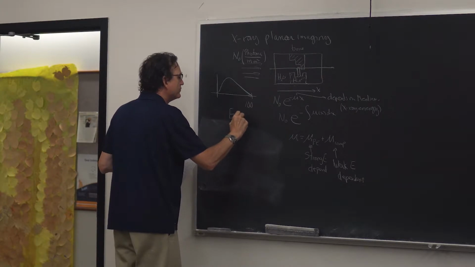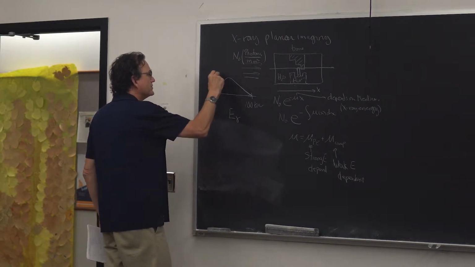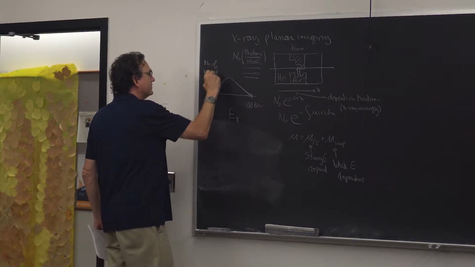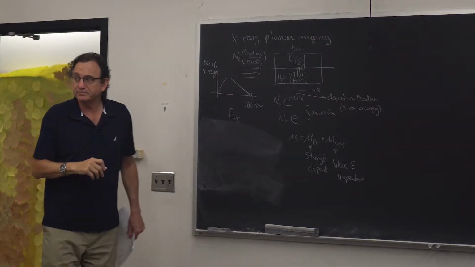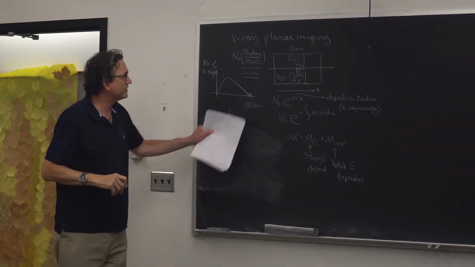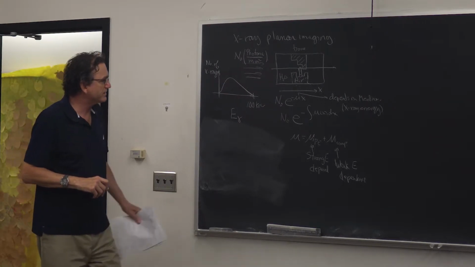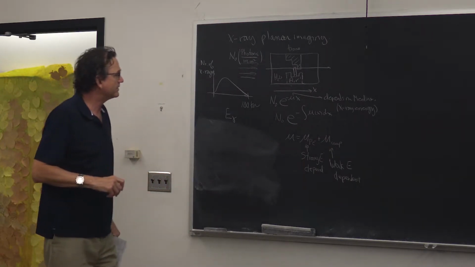So this is the energy of the photon, 100 keV, and this is the number of X-rays produced on a target. It's a very broad spectrum, and it goes up to some maximum amount of X-ray energy, and they interact either by the photoelectric effect or Compton scattering.